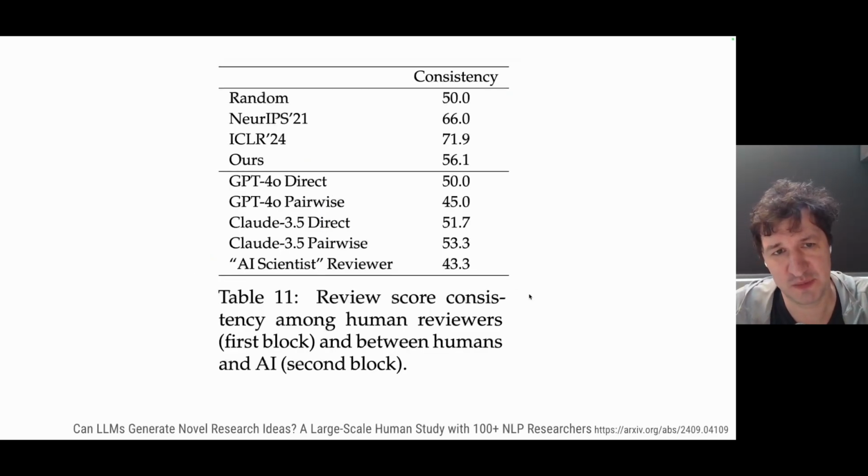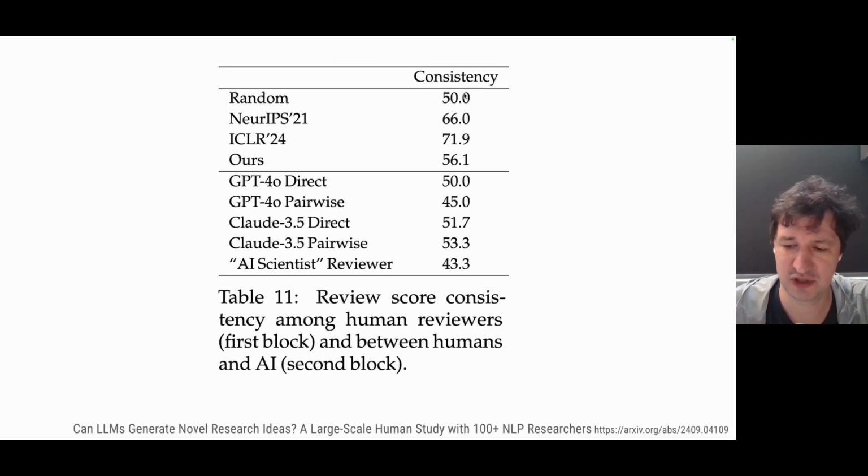Then the authors of this paper were trying to investigate a bit more why AI evaluation is bad, because knowing that AI plus humans perform much better than just AI, it seems that this evaluation part is not working well. They looked at the consistency that human reviewers have, and they provide some data for top computer science conferences.